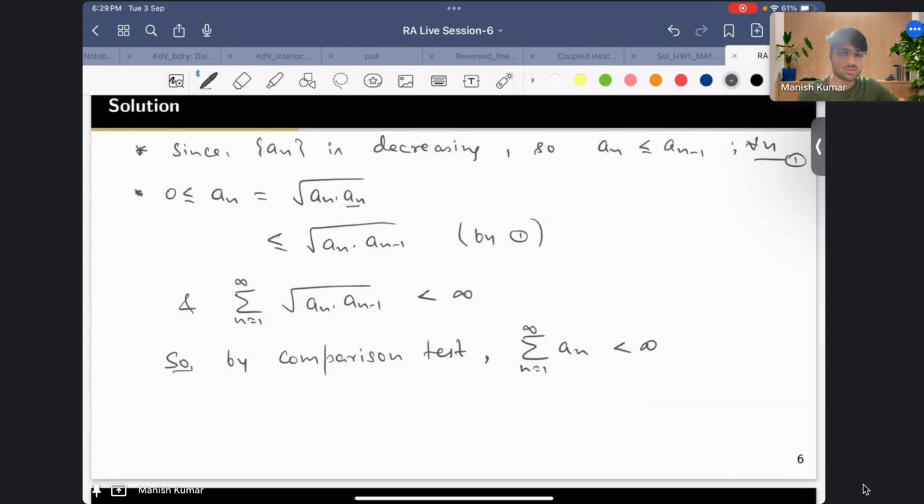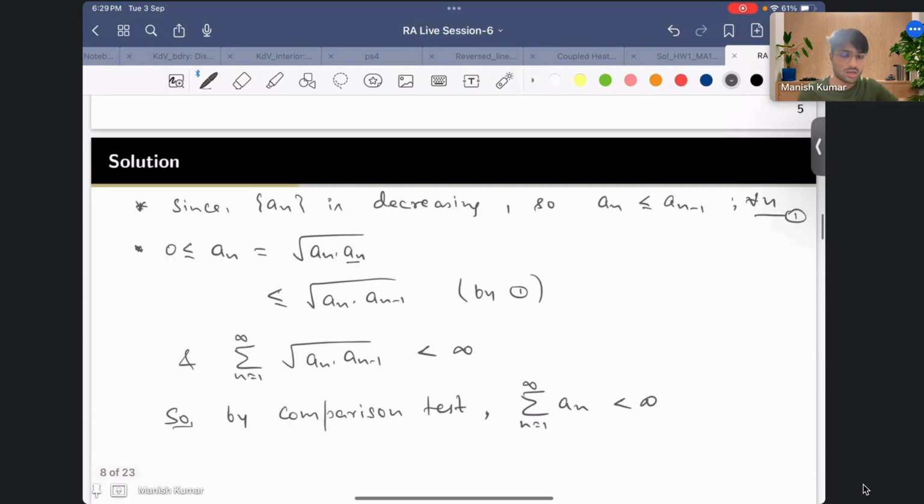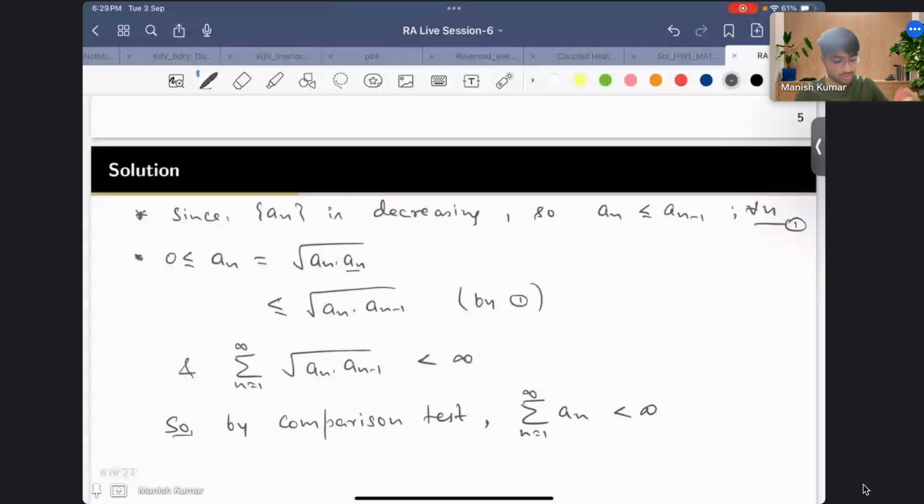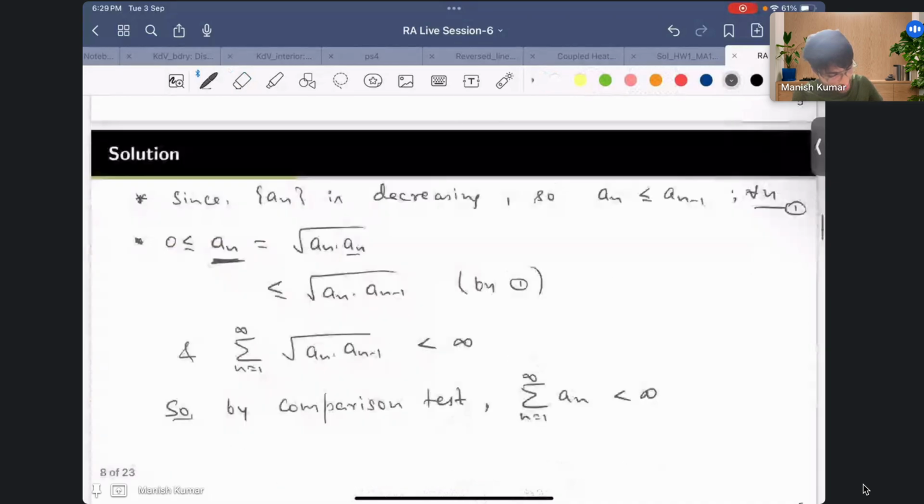So this was a very obvious thing, how you can get an upper bound. We were looking for an upper bound in terms of this kind of term, where you have a root and then a relation like this, the product of two subsequent terms. If you want to match with this one, then I should write a(n-1) first, and then an.